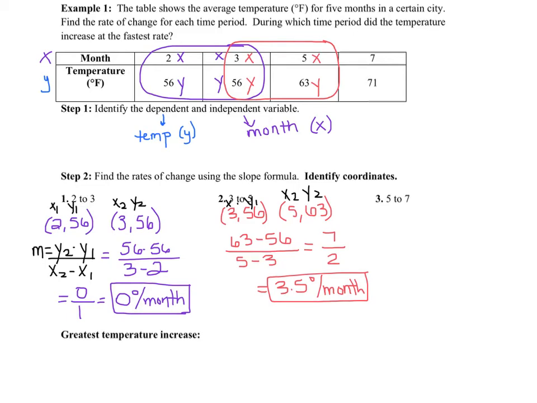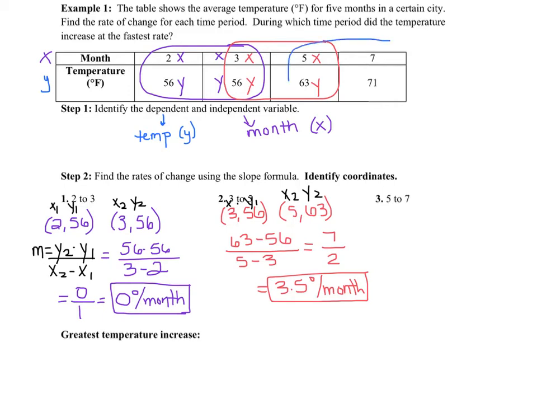Okay, we want to find our last rate of change, which is 5 to 7, because the problem is asking us during which time period did the temperature increase at the fastest rate. Now we found 2 to 3, we found 3 to 5, and now we have to find 5 to 7. So our first step is to identify our coordinates.